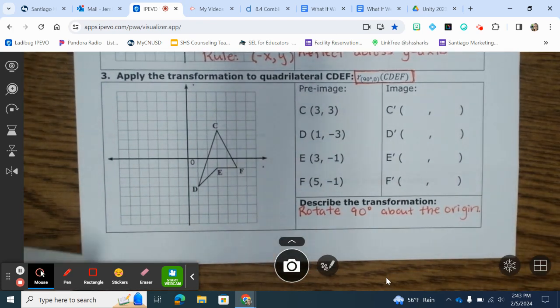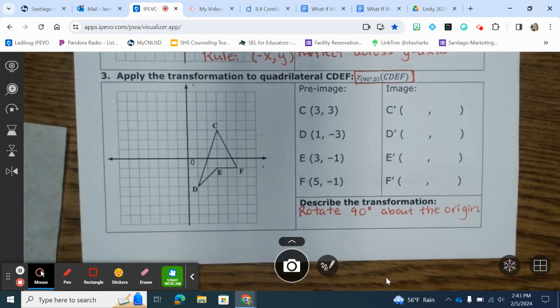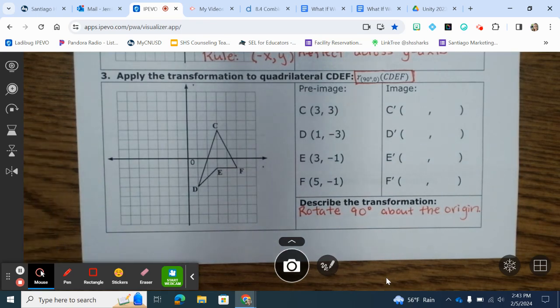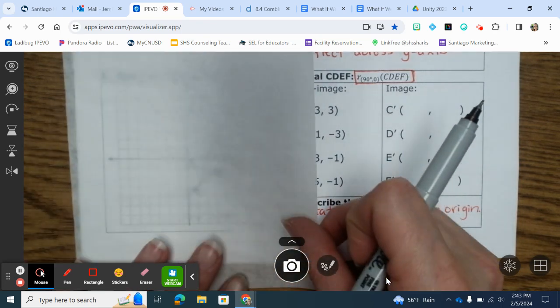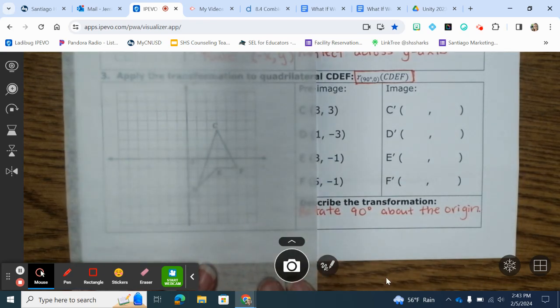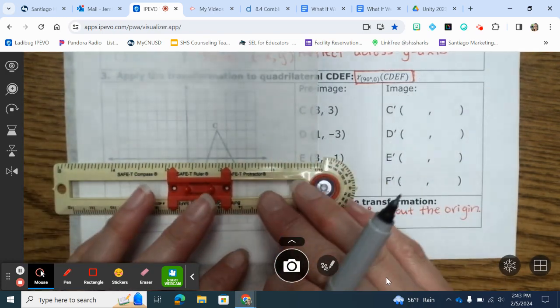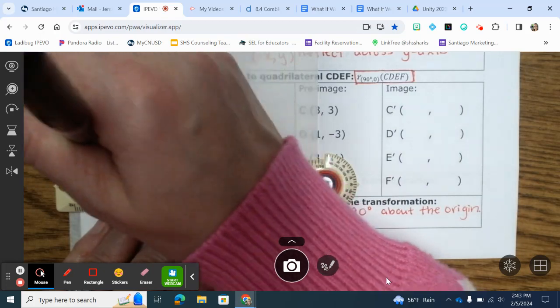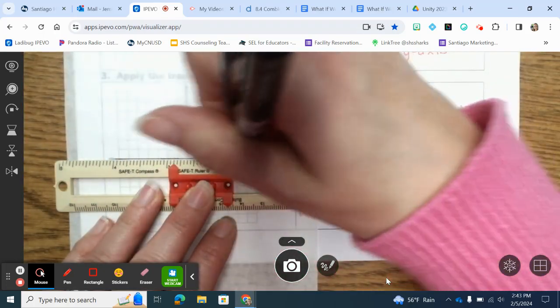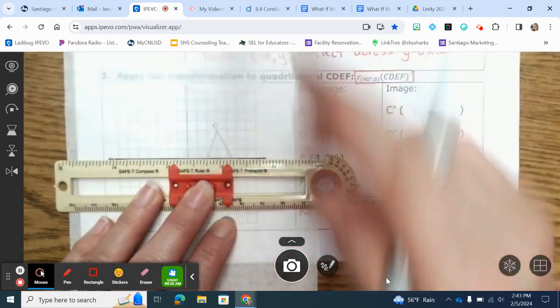So everybody hopefully has been given a piece of patty paper. If you don't have a piece of patty paper, and if you have a tracing paper, if you're at home and you have some parchment paper, here's what I'm going to recommend that you do. Put this on top of your image. I'm sorry, on top of your pre-image. Be more careful with my language. And I am going to go over the X and Y axis.